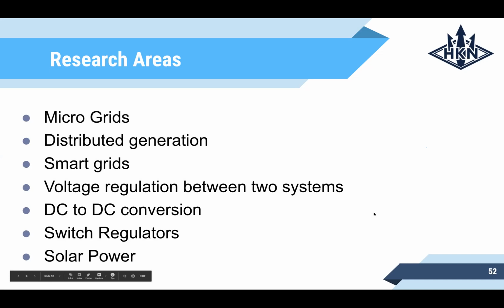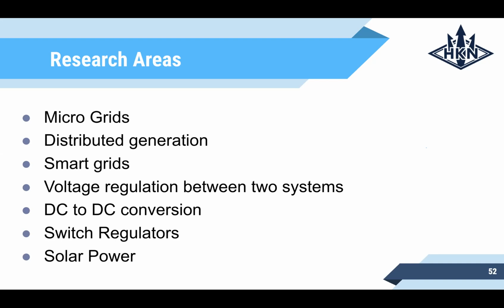Cool. So some research areas that you can get into are microgrids, essentially smaller independent grids that work together to create a larger grid. And then distributed generation; I don't know too much about that, but I would assume you're distributing the power generated from substations and stuff like that.